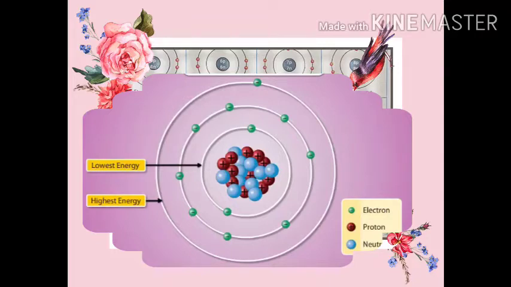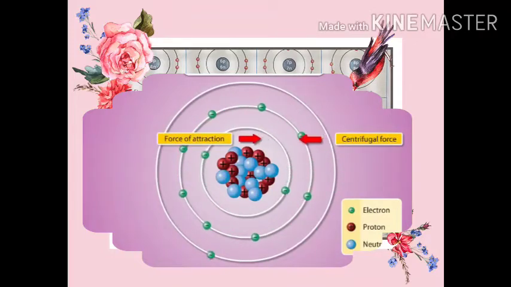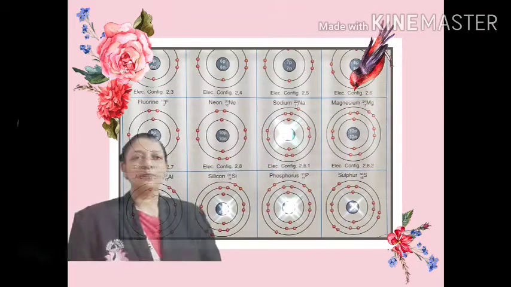Thus, they maintain their position. As a result, the inward force exerted by the nucleus is counterbalanced by the outward force of the moving electrons, thus preventing the electrons from falling into the nucleus and making the atom structurally stable.